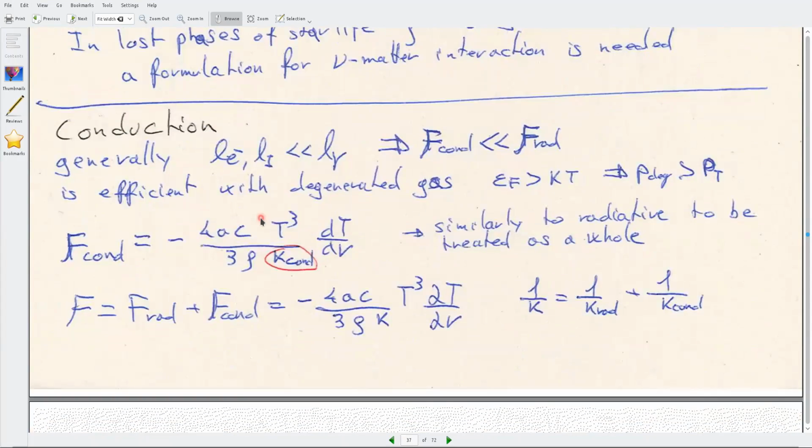The conduction, as we saw yesterday, usually the mean free path of the electron and ion is really small, so the conductive flux is definitely smaller than the radiative flux. But in degenerate gas, since we have the Fermi energy, that is what is saying how much is the momentum, is definitely higher than the usual kinetic energy. This means that the conduction is working.